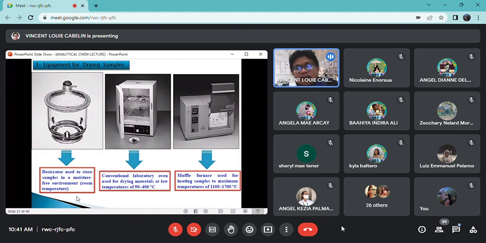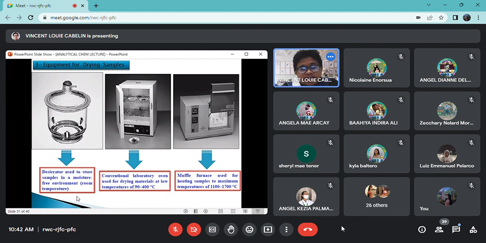So, for example, you want your product sample to always be dry, and it is hygroscopic. Hygroscopic means things that, when you leave them somewhere open, will absorb moisture from the air. Like salt, salt is hygroscopic, right? It will absorb moisture.